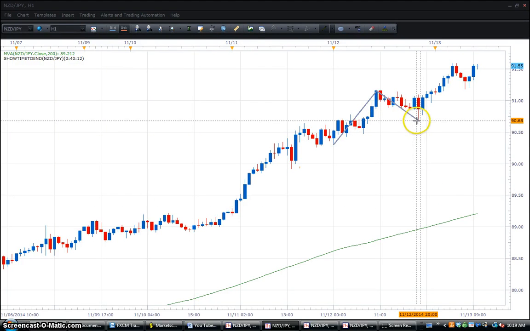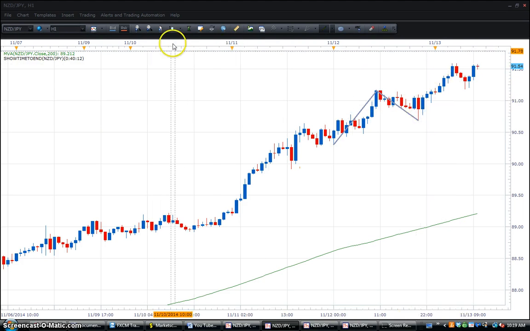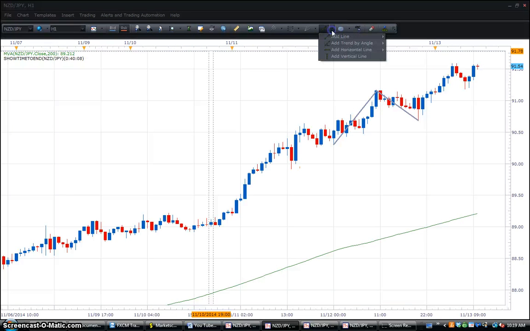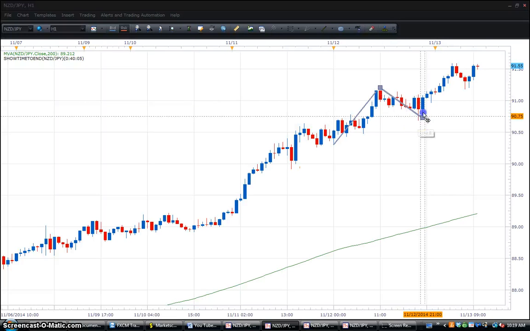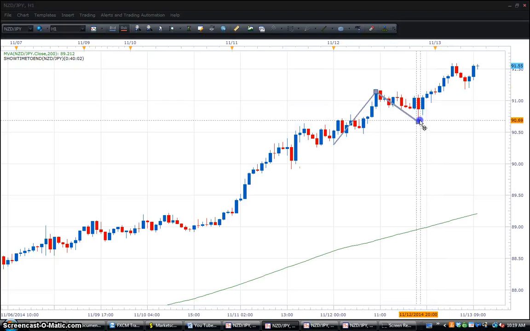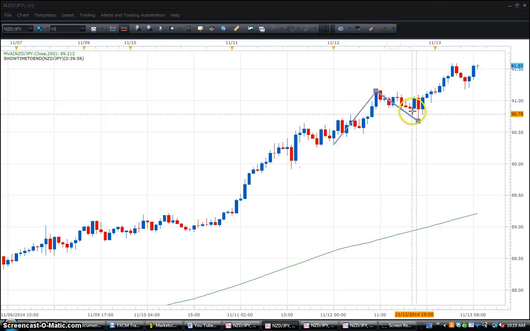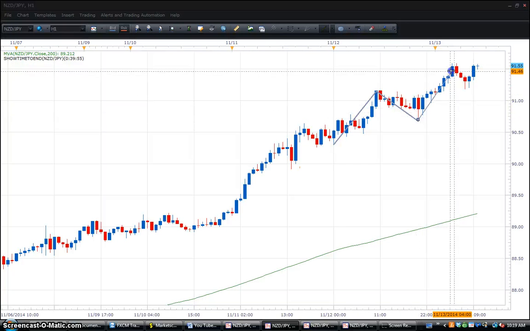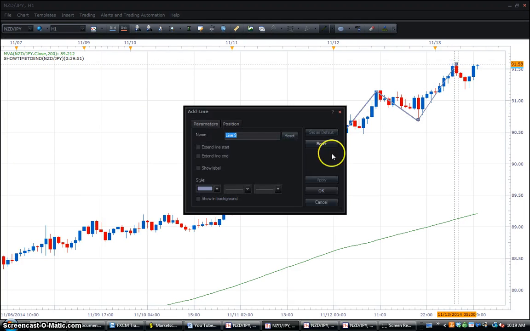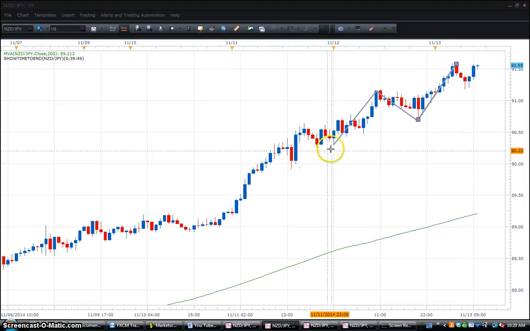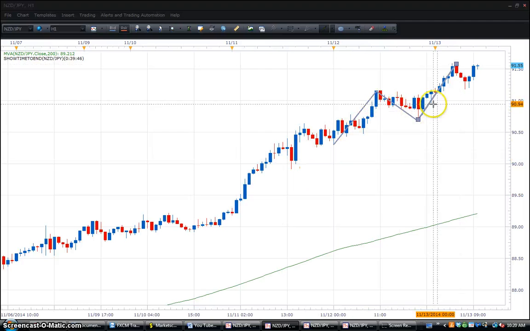And then we see a C move that moves all the way up and takes out. Sorry about that. Okay, and this would be our C move back up in this direction to the upside. So we've got our A move, a B move, and a C move.